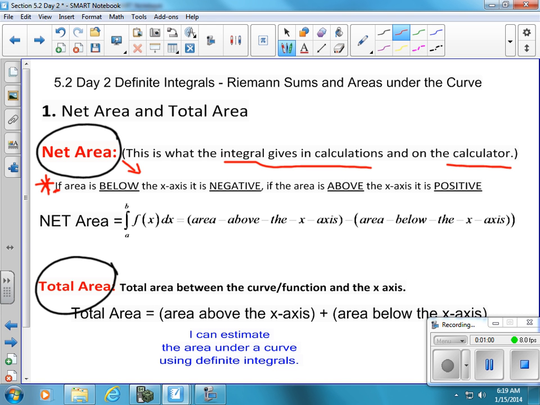Basically, it says everything you need to know right here in this line, the starred line. If the area is below the x-axis, it's negative. If it's above, it's positive. Now, total area takes into consideration all of the area between the curve and the x-axis, whether it's above and below. Total area is basically the absolute value of the net area.